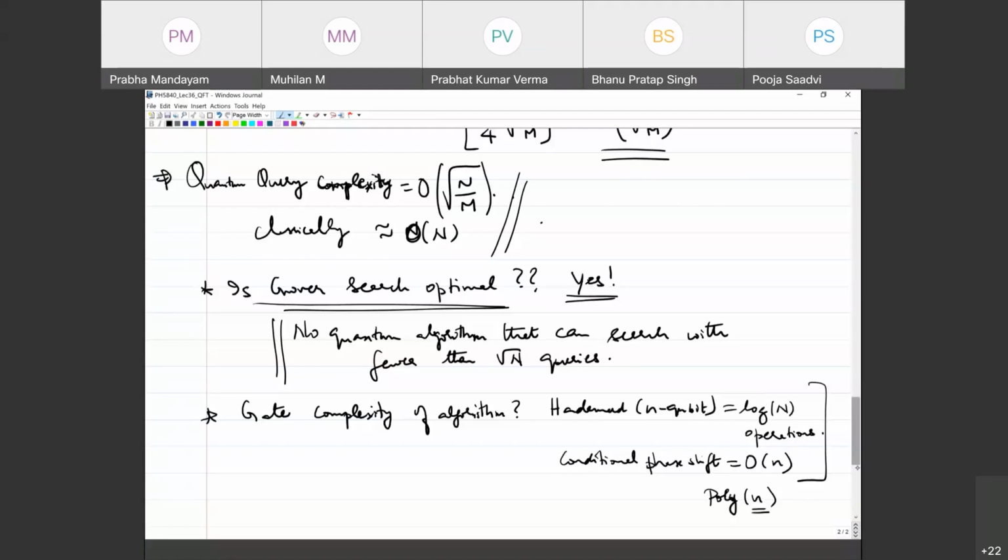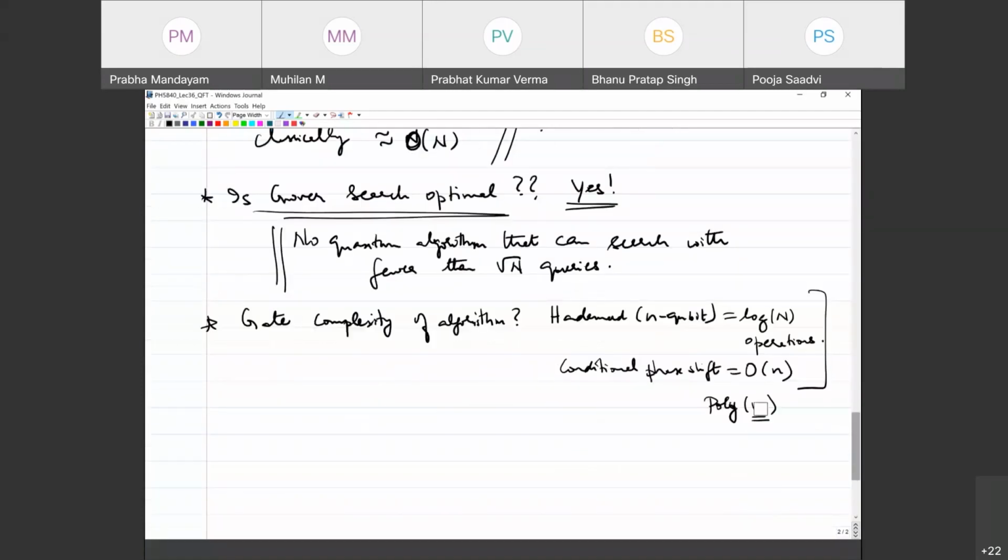Remember, little n is actually log of capital N. So this would be the gate complexity of this algorithm. I'm not making a rigorous argument here, but I just want to mention that this algorithm also wins out in this way, that it's not too hard to implement the Grover search itself. In the sense, it's not exponentially hard, and the search itself gives you a quadratic speed up in the query complexity.